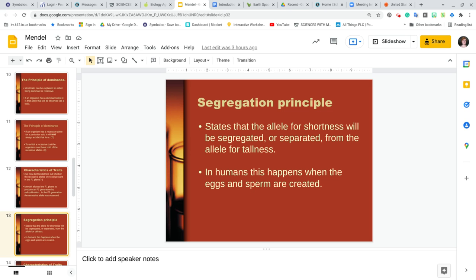Tall from short, blue eyes from brown eyes. I don't have blue eyes. My dad does. My daughter does. It was separated during the process of eggs and sperm creation.